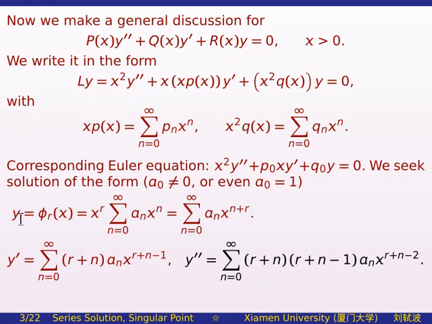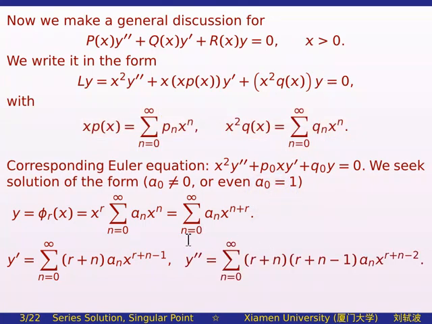So substituting this y prime and y double prime into our Ly equal to 0, and using the power series expansion of the coefficients of y prime and y given here, we can establish some relations among the coefficients of y, so that we can determine the coefficients an. This is the basic idea.